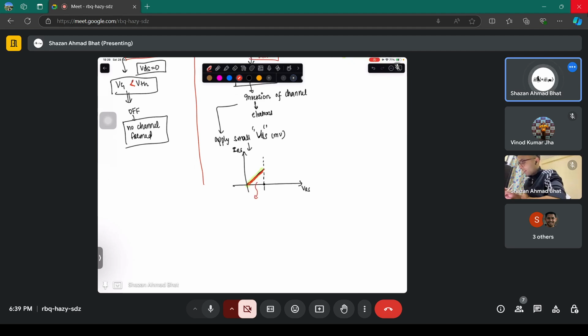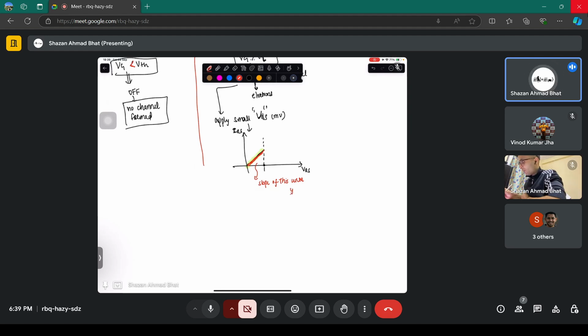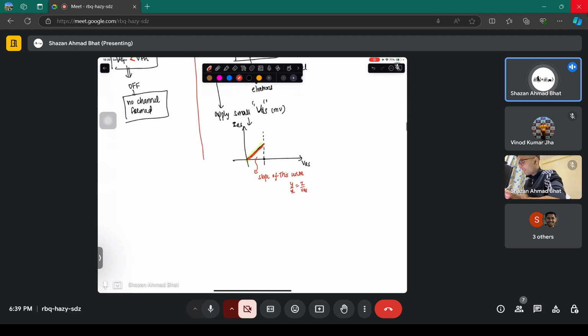If you find the slope of this curve, what is that going to give you? Y over x is I over VDS. This will give you conductance, and its inverse will give you resistance.